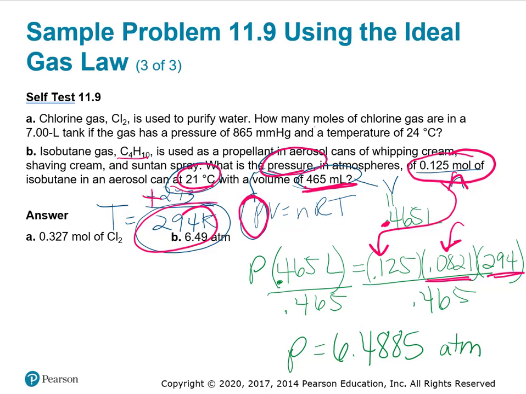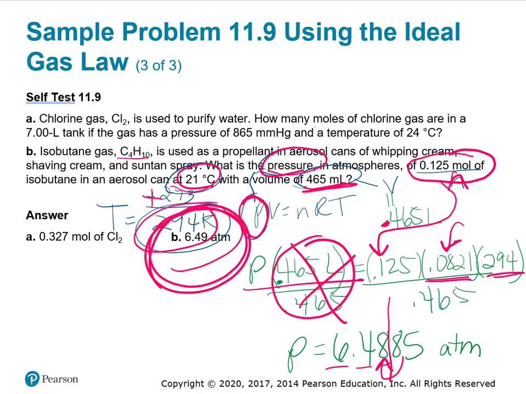So I multiplied 0.125 times 0.0821 times 294, and I divided both sides by my volume to get P by itself. And therefore, it gave me 6.4885. I'm going to look back, and I should have 3 significant figures. So 1, 2, 3, 8 will round that up to a 9, 6.49 atmospheres.